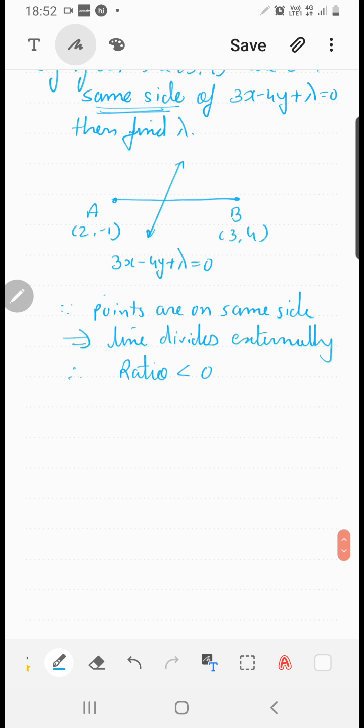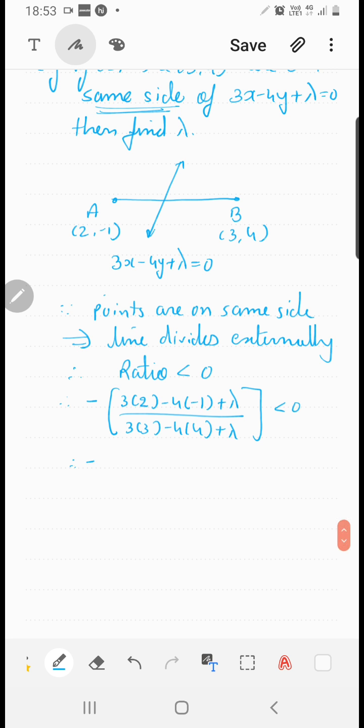Now the shortcut of ratio is what? Minus of, let us take the point and substitute in the equation. 4 into minus 1 plus lambda upon 3 into 3, 4 into 4 plus lambda less than 0. Let us simplify. 3 2s are 6 plus 4, so it is 10 plus lambda. 3 3s are 9 minus 16, which is minus 7 plus lambda less than 0.